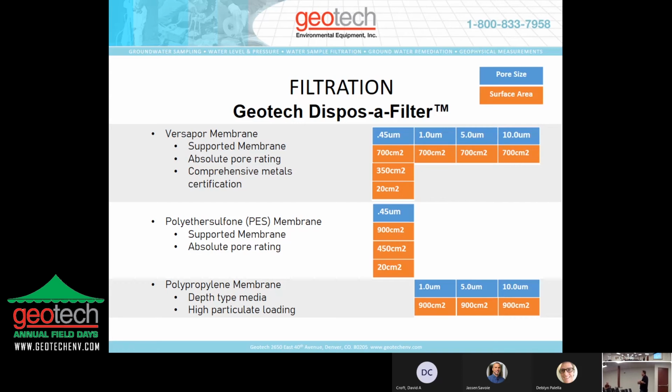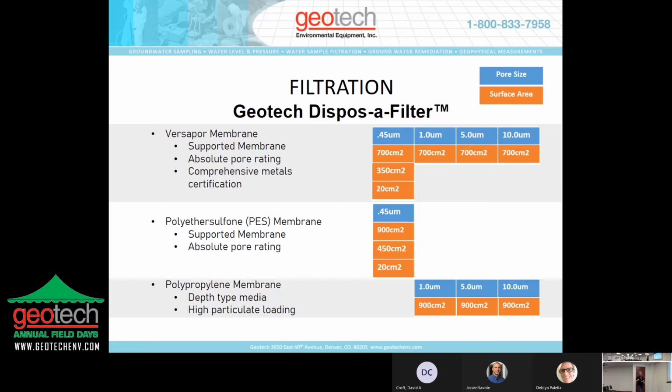The pore size is an absolute pore size, and its clean certification is one of the greatest in the industry. So we really created a high bar for us to reach. We thought it was impossible at one point, but we got there, and we've been able to maintain it, which has been great. And I don't think anybody else is meeting the same certification.